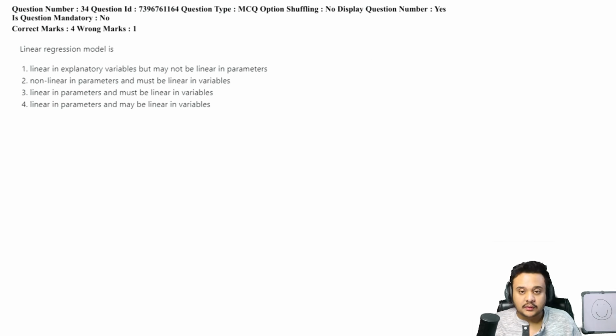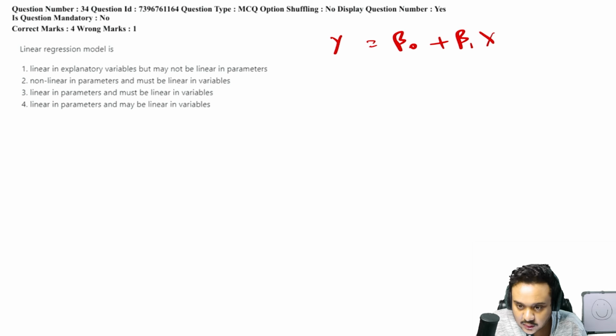Then look at the 34th question. Again, a fairly easy question. It asks whether a linear regression model can be linear in the parameters or in the variables also. Let us take a few examples. The standard linear regression model will look something like this: beta naught plus beta 1 x.